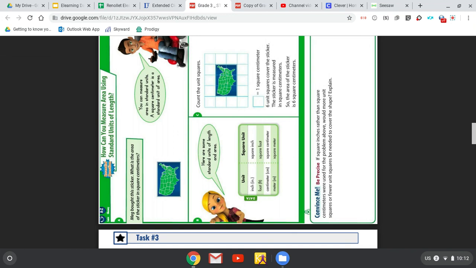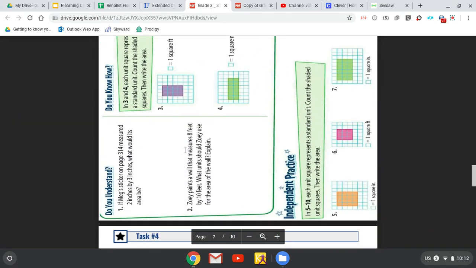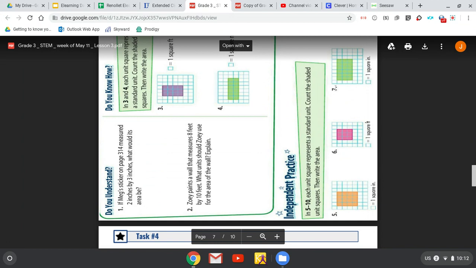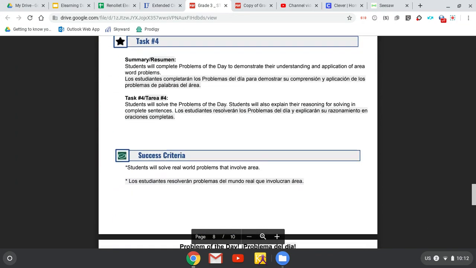When we measure things in the United States, we talk about inches, feet, centimeters, and meters. Those are standard units that we talk about all the time. So today, your job is to practice finding the area of these shapes and labeling them with standard units, like how many feet, how many inches, things like that.